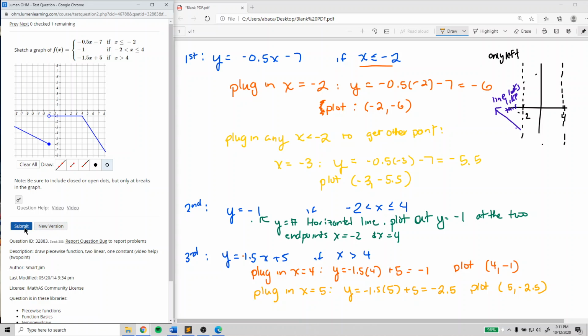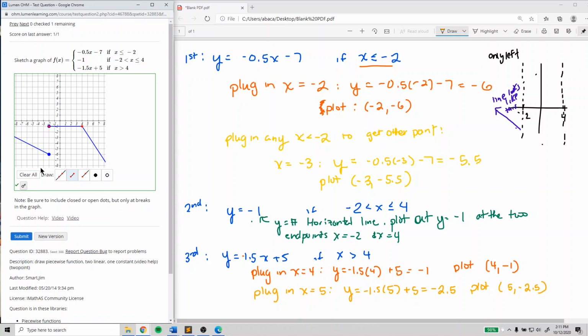And this should be it. If you hit submit, see that it marked it all right. Just kind of like talking about some comments here. The main thing, I think people get pretty much the same shape, but you don't get the right answer. If you put that filled in circle and open circle here, it doesn't really matter if you do one or both.